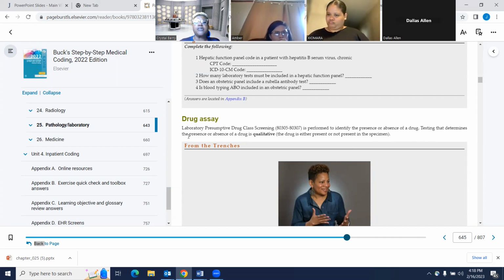Testing that determines the presence or absence of a drug is qualitative. This drug is either present or not present in the specimen. And that range is very short, 80305 to 80307.